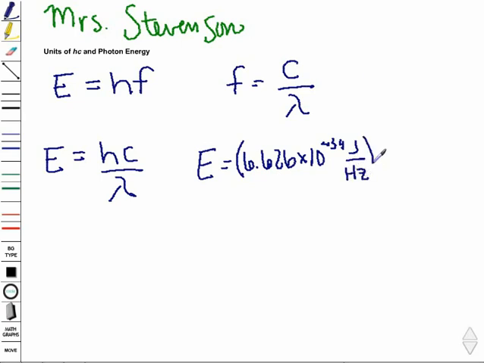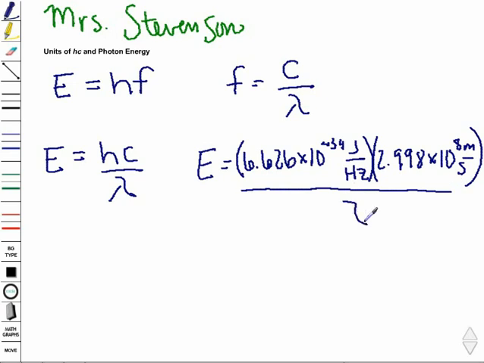And then we multiply that by the speed of light, which is 2.998 times 10 to the 8th meters per second. And we would still have to divide by the wavelength lambda.